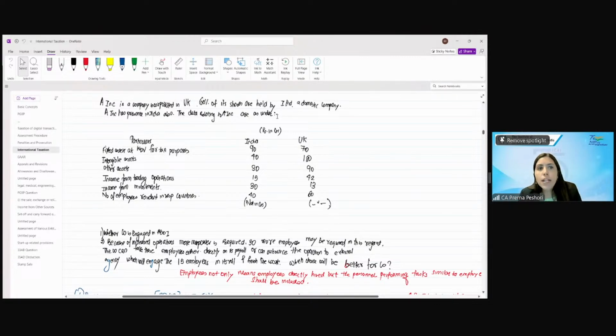Yes, so what will happen in this case, students? What they are trying to say is that the company, because it has a need for additional manpower, may require 30 more employees. Now the company has an alternative: it can hire 30 people on its payroll, or it can outsource this particular task to an external agency.